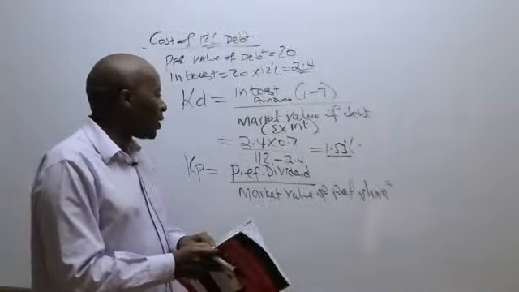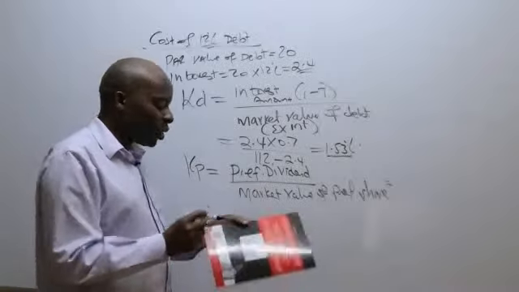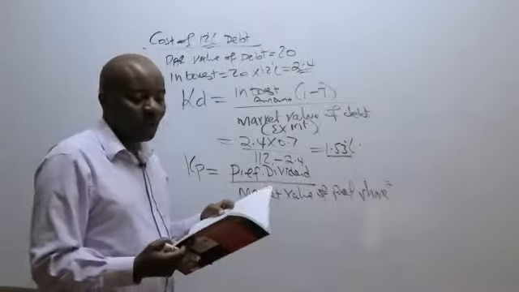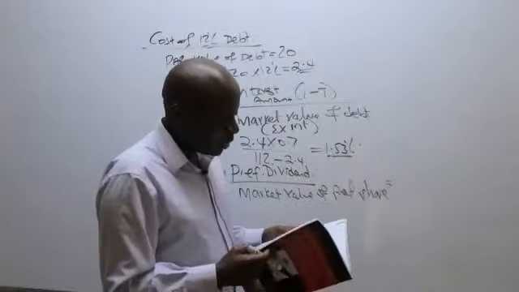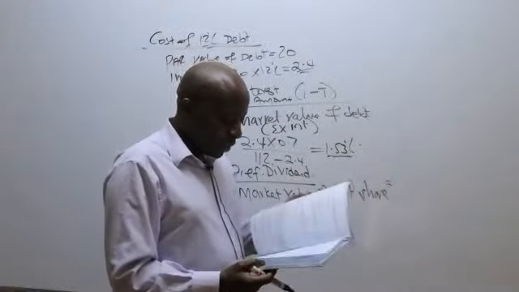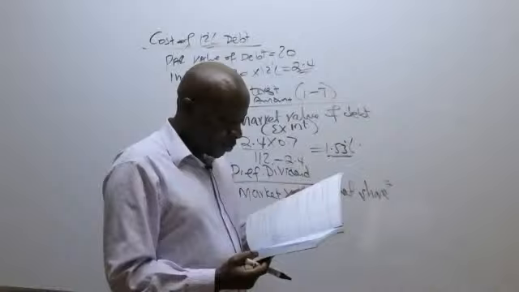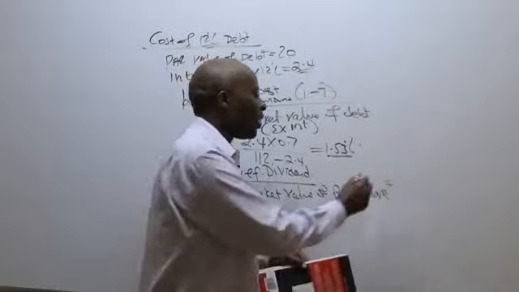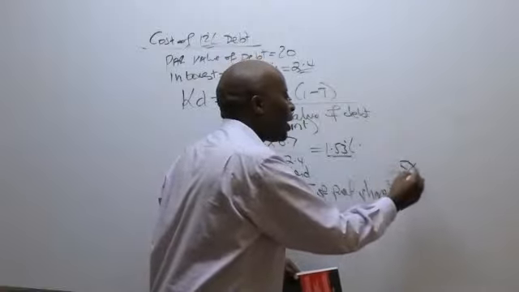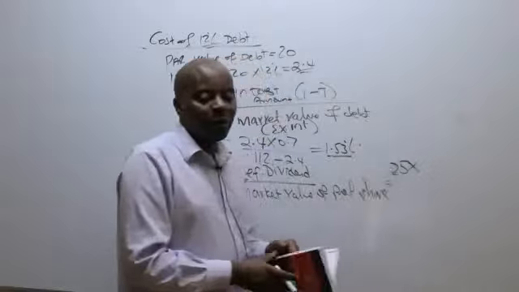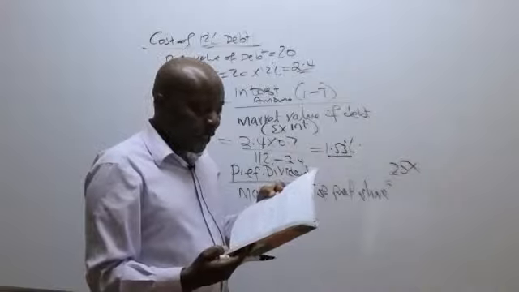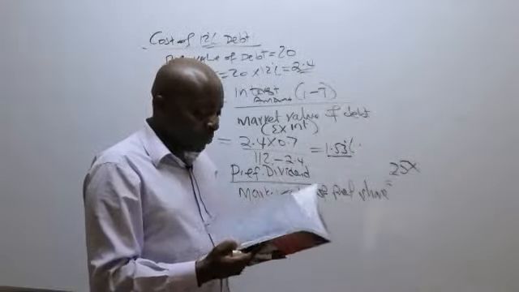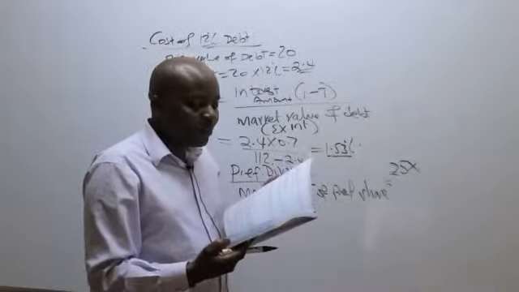So for the preference dividend, I would want you, ladies and gentlemen, to give me the par value. We normally start by looking at the par value. The par value of preference from the balance sheet given up there is 25. So if the par value is 25, then I'll easily get the preference dividend. We can see it is 14% preference.